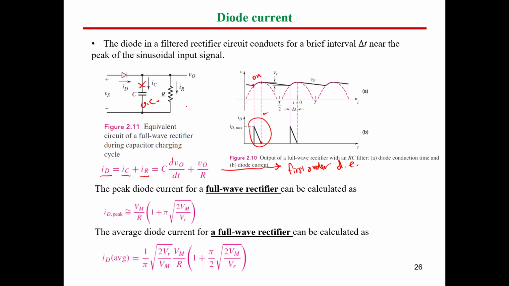Practically, I prefer to consider the worst case scenario, which is that the capacitor is not working, and the diode current is going to be the same as the load current. This will be for sure a high value of current compared to the diode current in this case. Why am I assuming that, guys? Because, you know, we have so many types of capacitors. One of the types of capacitors is called the electrolytic capacitor.